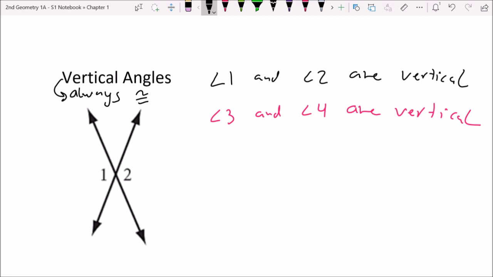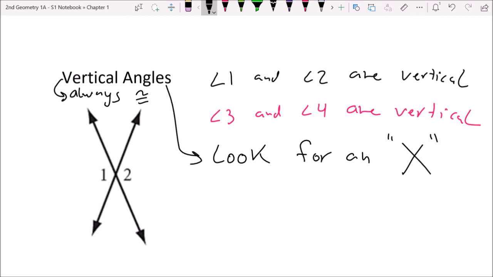Now guys, to identify vertical angles, look for an X. Okay, and this is just Mr. Boyden's way of kind of thinking about it. Anytime you have two lines or segments that are crossing, there will for a fact be vertical angles produced, okay? As long as they're not curvy, as long as they're straight lines. So if I go like this, there are vertical angles, and let me label them, okay?